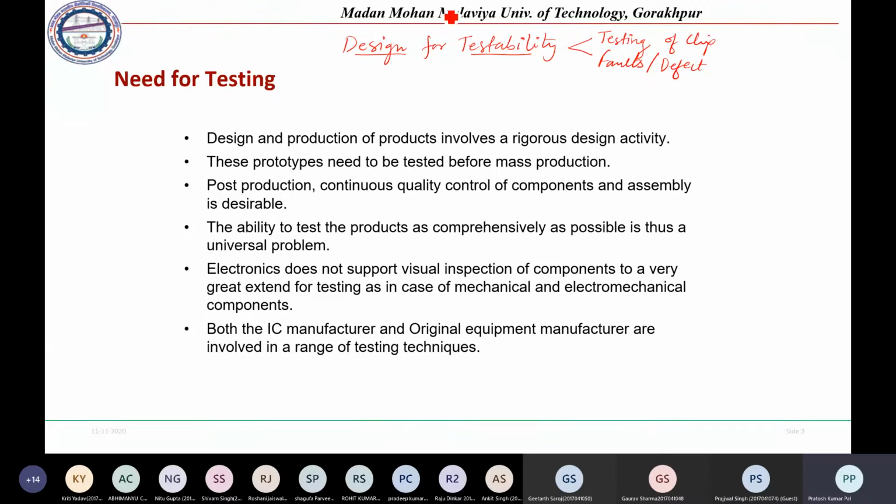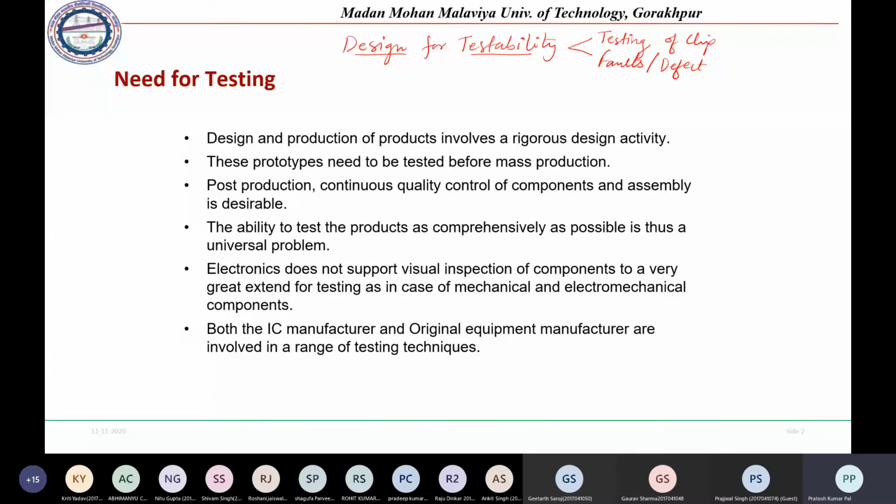This is basically focusing on the testing of a chip once it is fabricated, and that is post fabrication, or we call it post production.